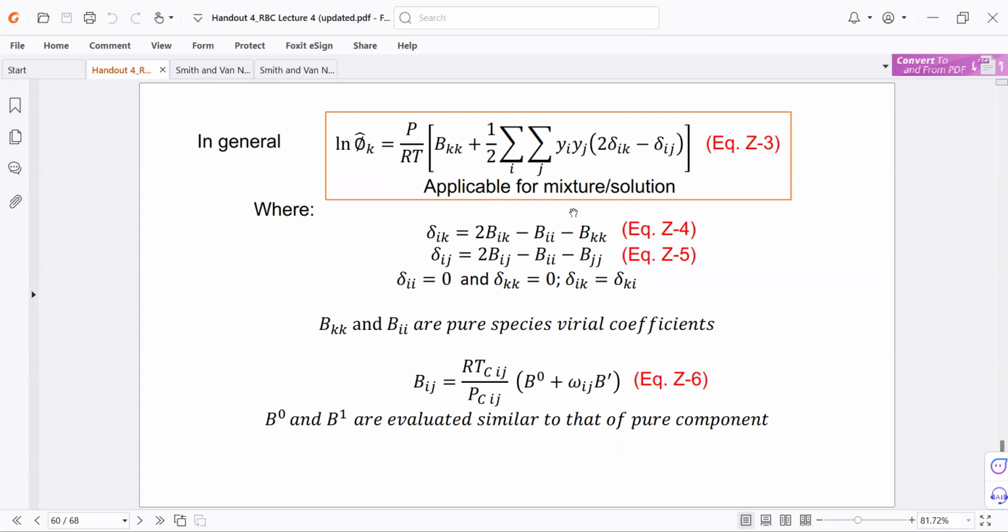Just take note of the specific equation for sigma. Here B sub kk and B sub ii, of course, are pure species, the same species I or same species 2. So B sub ij is the molecular interaction between two different species I and J.